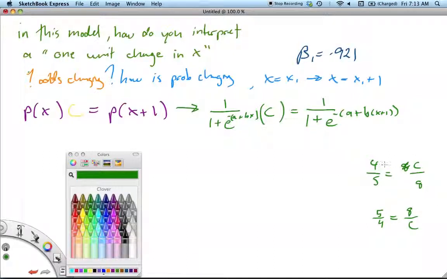In this case, c would have to be 32 over 5.